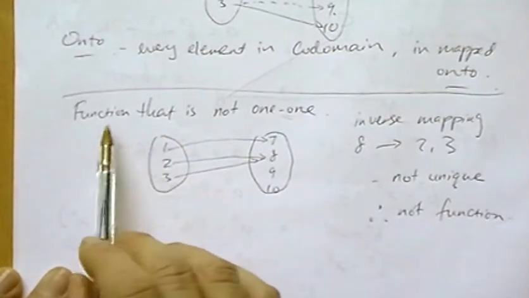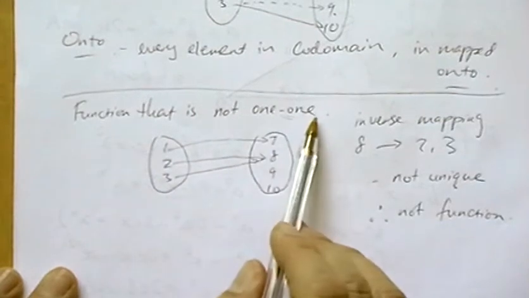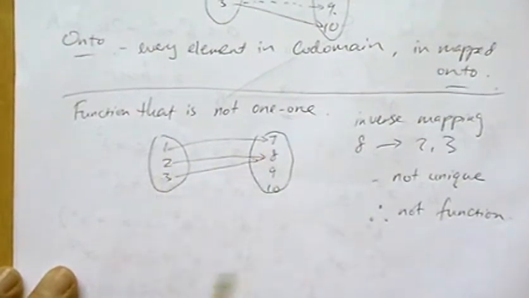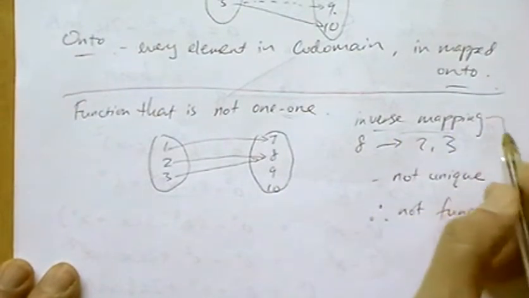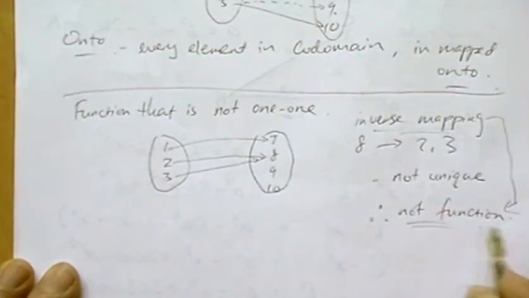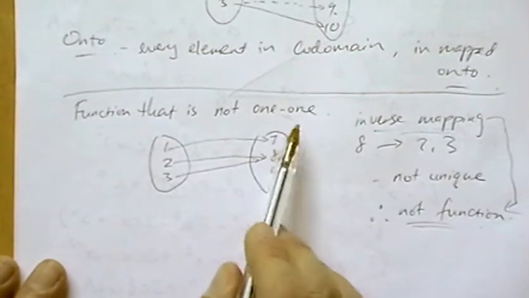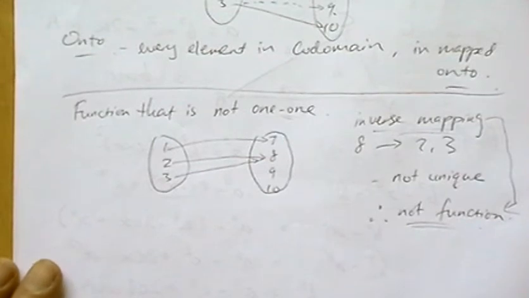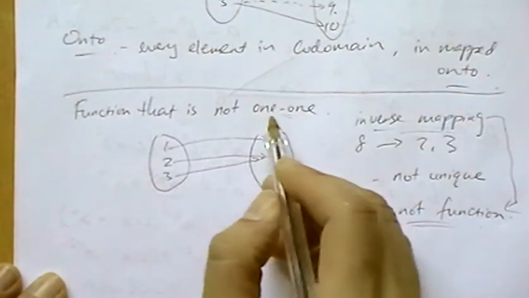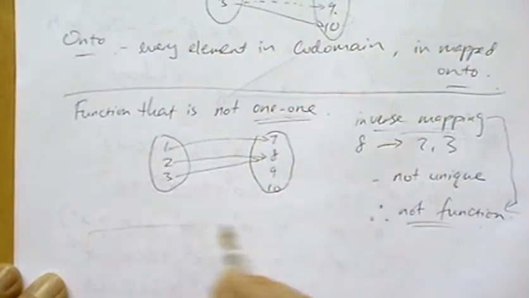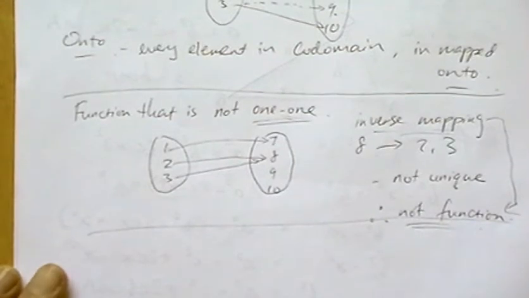So therefore, if a function is not 1, 1, meaning like here 2 to 1, then the inverse mapping is not a function. So in that sense, a function that is not 1, 1 cannot have an inverse function. So we have proved this 1, 1 requirement for an inverse function. We've just proved it by contradiction.